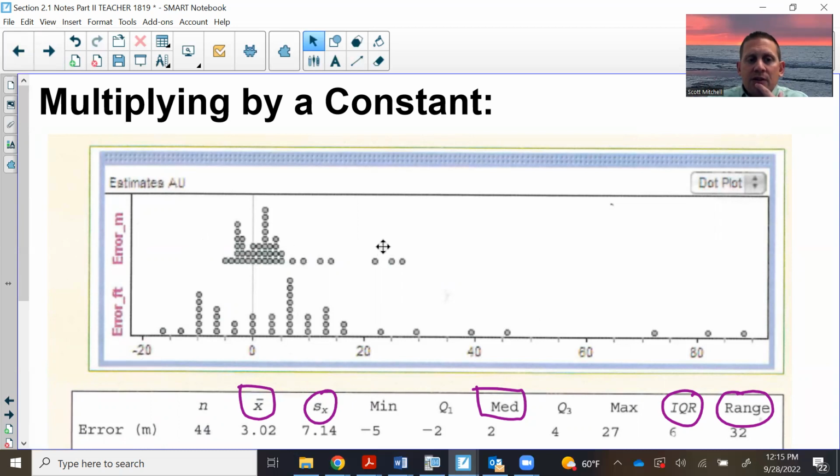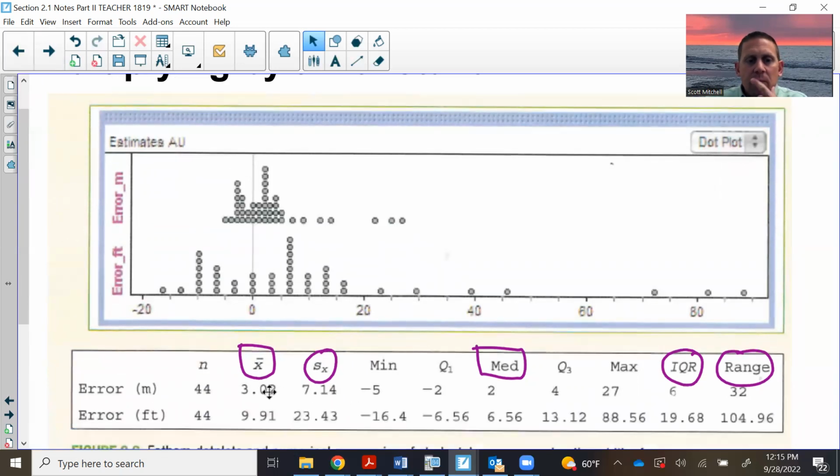So look what happened. Here's the original. Here's the new one. It dispersed. It got more spread. So you can make the comparison. Look at the mean. The mean definitely changed. Standard deviation changed. The median changed. The IQR changed. The range changed. Pretty much everything changes. But by how much did it change?